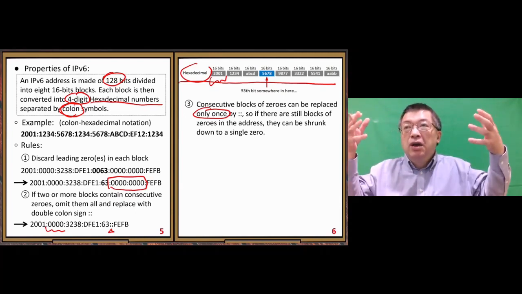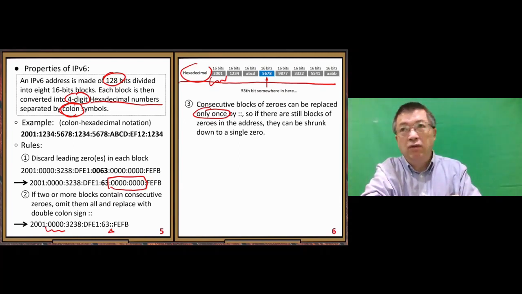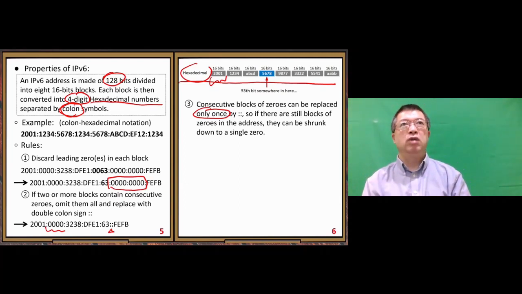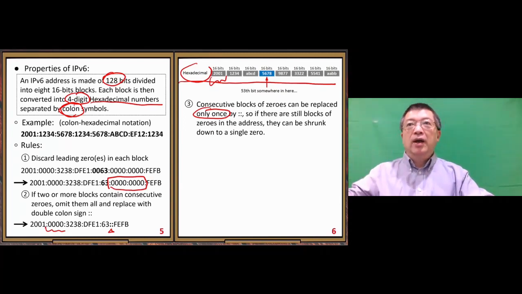How do I recover the original form? Can you translate it to the original form? No, the representation is ambiguous. In order to avoid that ambiguity, we enforce this third rule, only once. Then there is no ambiguity.